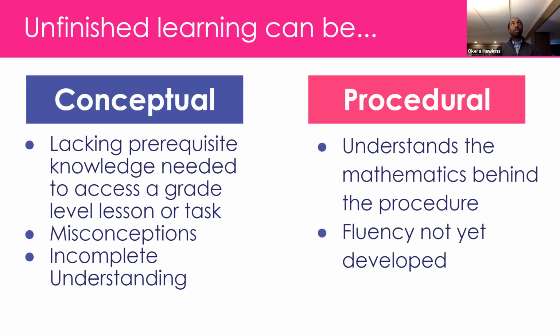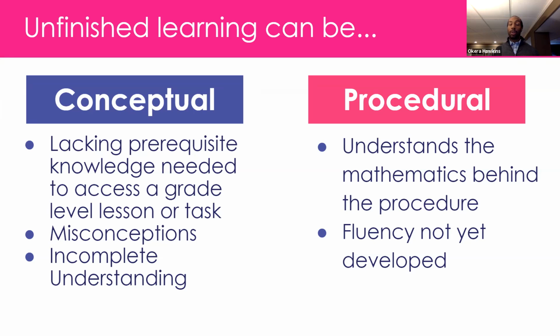And the quickest way I can describe the two is that with conceptual unfinished learning, there is something that teachers must directly do prior to giving students access to grade level learning. So what do I mean by that? If a student's unfinished learning is conceptual, that means they're lacking some critical foundational prerequisite knowledge that is going to be essential for giving them access to grade level learning.